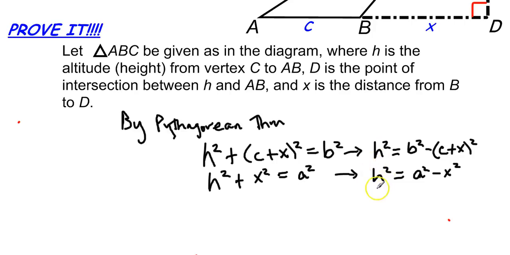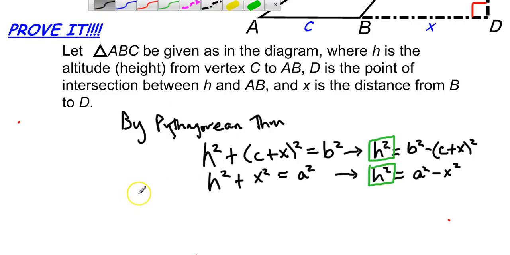So what we can do now is we've got this formula for h squared, so we'll just plug that up here into this formula, and we can rewrite our expression using substitution.